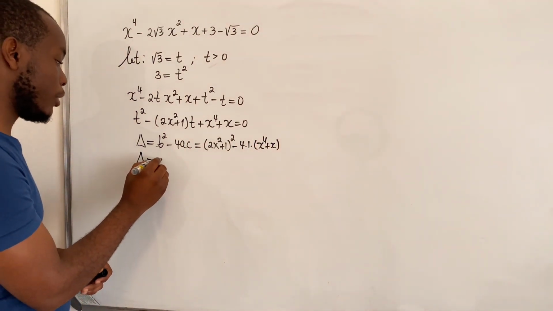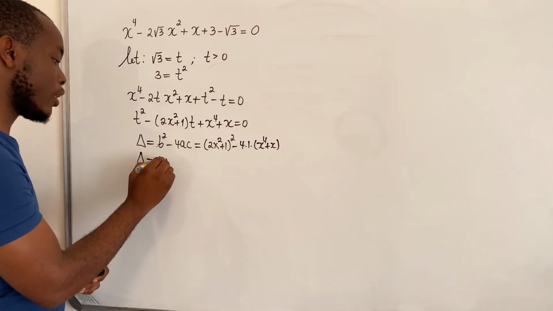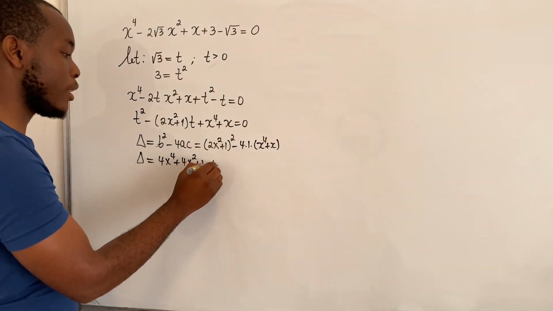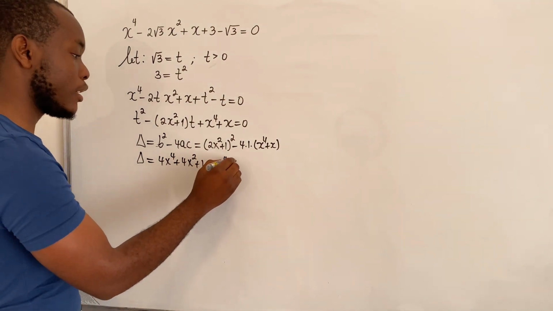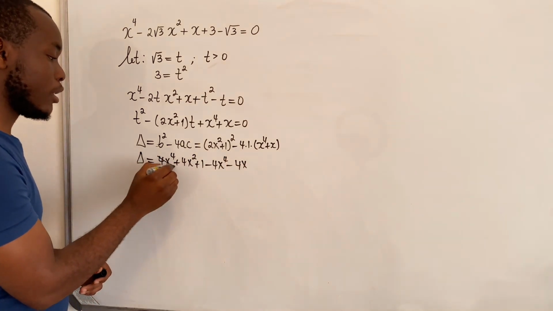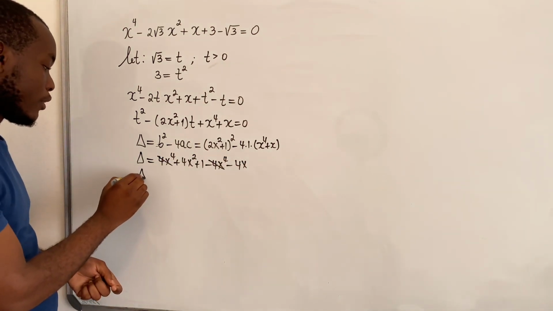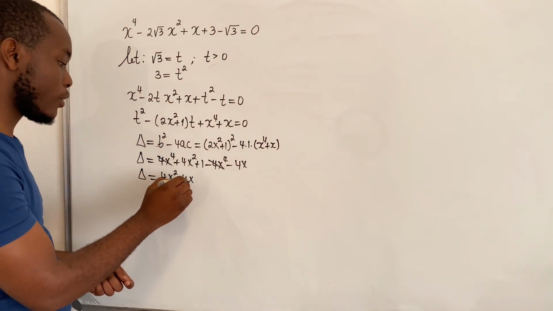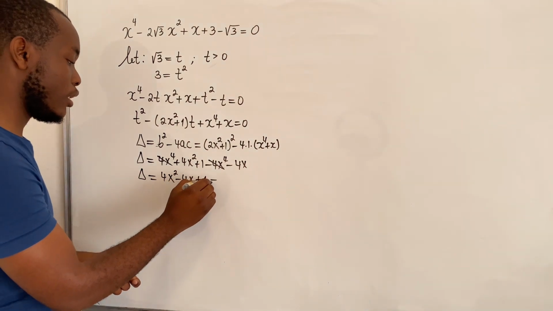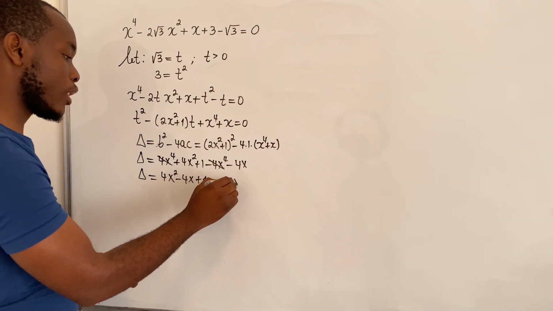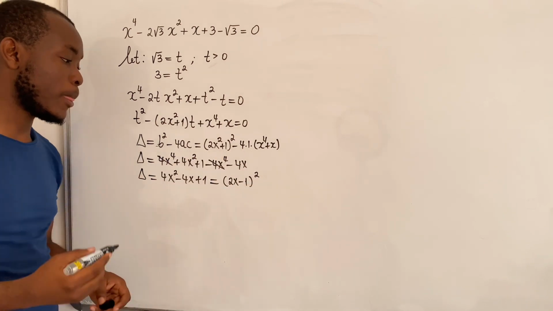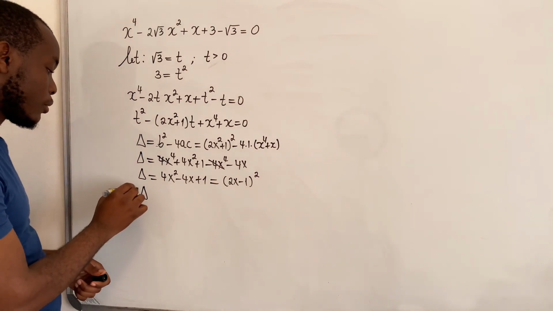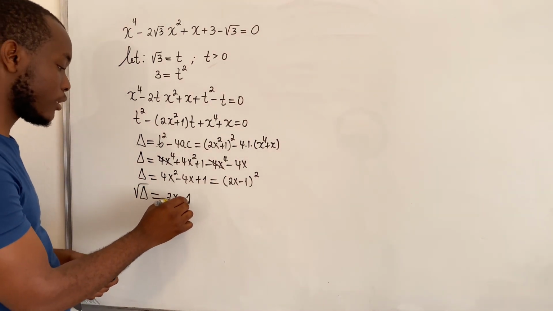So delta will be equal, expanding here, 4x to the power 4 plus 4x squared plus 1 minus 4x to the power 4 minus 4x. Symmetric, they cancel. So delta is equal to 4x squared minus 4x plus 1, equal to 2x minus 1 squared. Okay, so that means we have square root of delta as 2x minus 1.